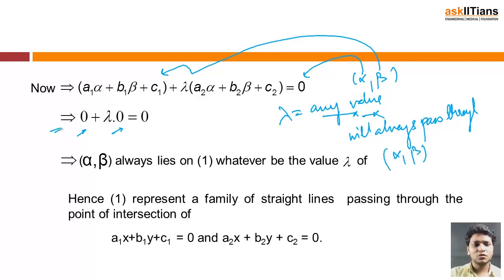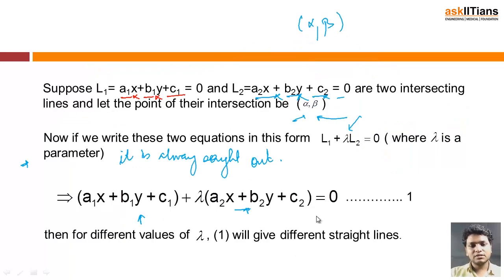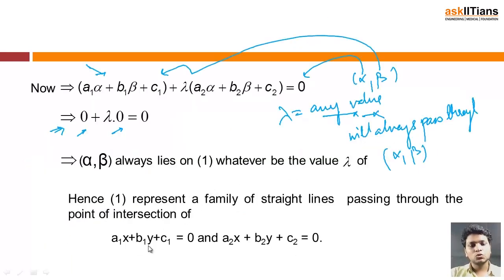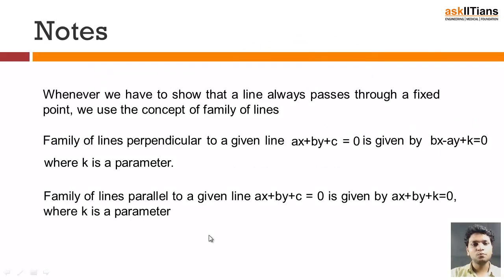This is what we wanted to show: that the value of lambda does not at all affect the fact that alpha comma beta is the fixed point through which this line passes. So this one represents the family of straight lines which passes through the intersection of these two lines, a1x plus b1y plus c1 equal to 0 and a2x plus b2y plus c2 equals 0.